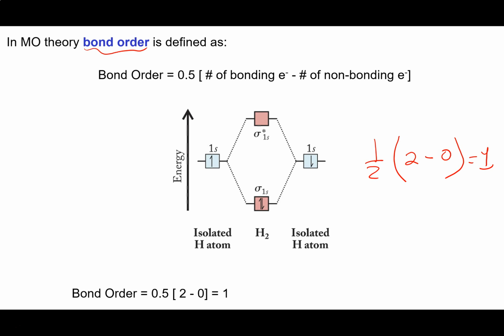So that's pretty simple to do, and you can see here that what increases bond order is having electrons in bonding orbitals, and what's going to decrease bond order is having electrons in anti-bonding orbitals. And the important thing is that as long as we have more electrons in bonding than we do in anti, we will get a positive bond order.